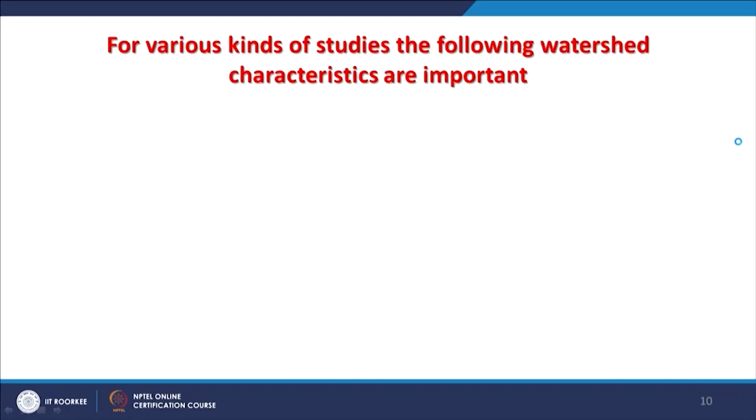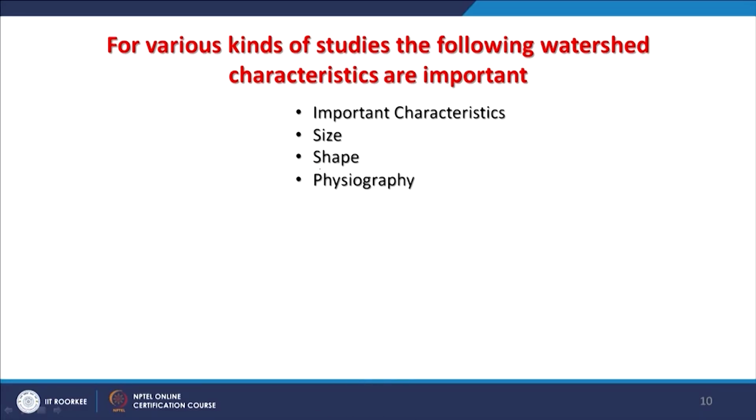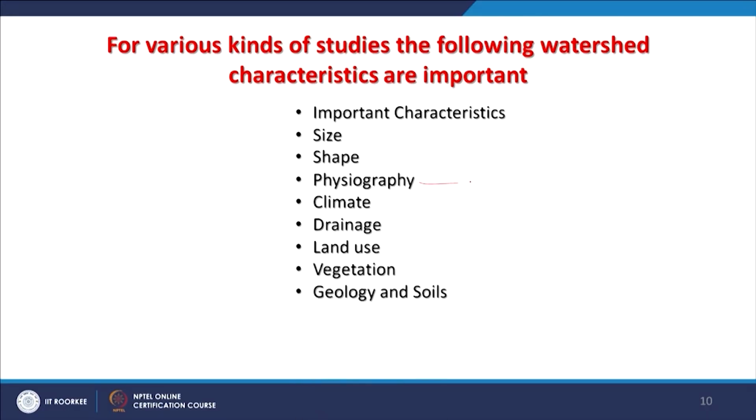Now, there are other uses of watershed characteristics which we can utilize, important characteristics like the size, shape of the watershed, physiography of the watershed, and climate. Physiography will include minimum, maximum, slopes and other things. These are used for climate studies, drainage studies, land use studies, vegetation, geology and soils, hydrology, hydrogeology, and believe me, this is not an exhaustive list.